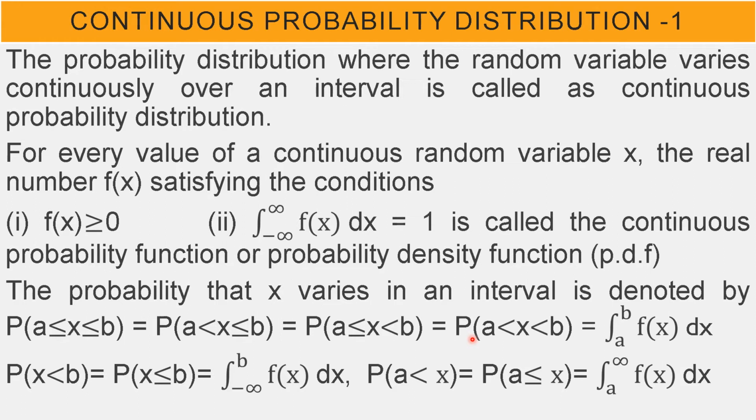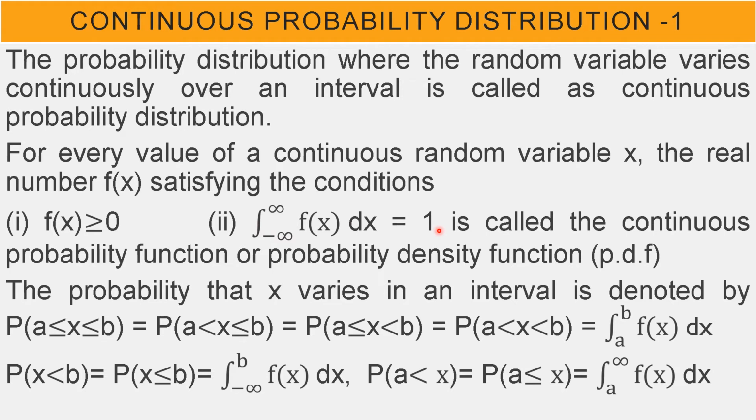A function of a continuous random variable X, denoted by f(x), satisfying the condition that f(x) is greater than or equal to 0 for all x, that is, f(x) is non-negative for all x, and the integral of f(x) with respect to x from minus infinity to plus infinity is equal to 1.